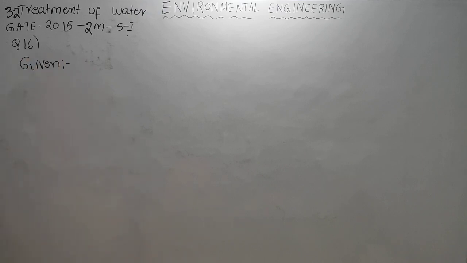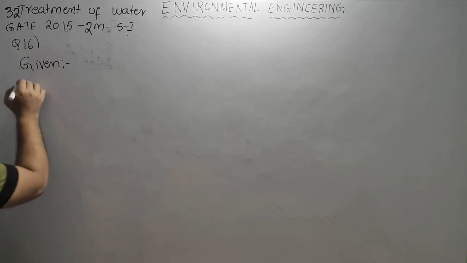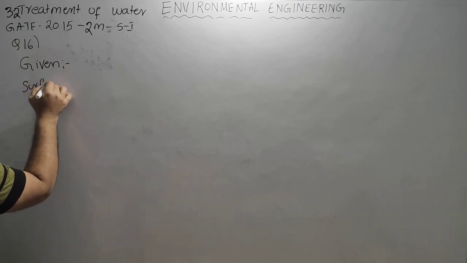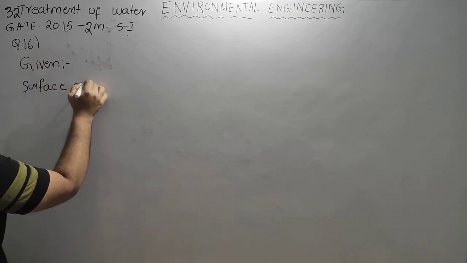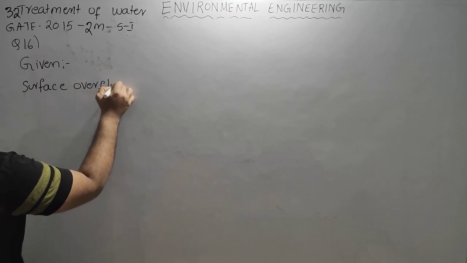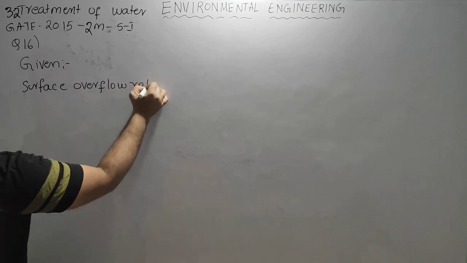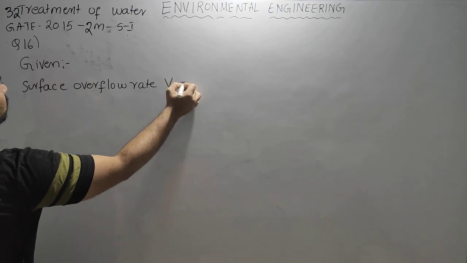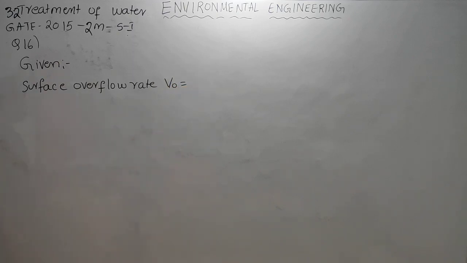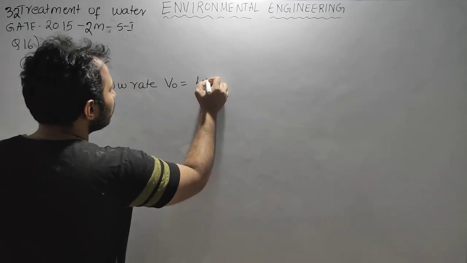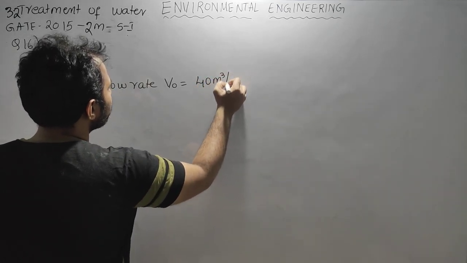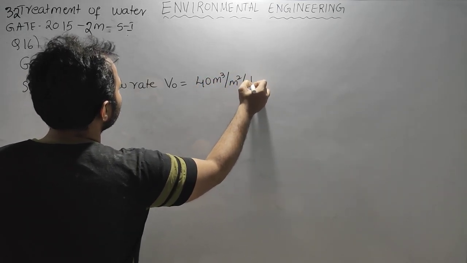That a primary sedimentation tank surface overflow rate is given. Surface overflow rate V0 is equal to 40 meter cube per meter square per day.